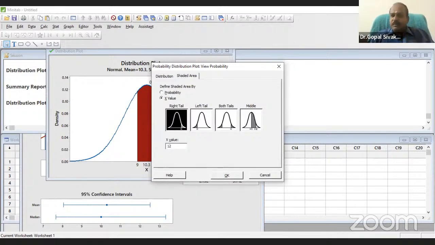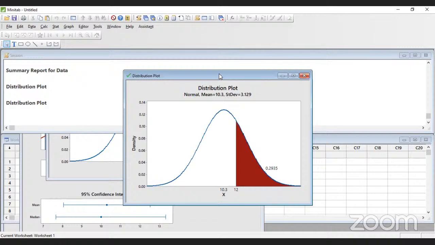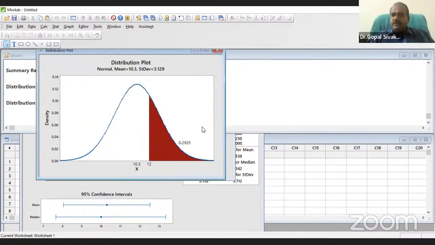What is the chance for my child to score above 12 in a 15-mark exam? Is the chance too high or too less? Less only, sir. Let us see how much it is. 29%. Your child has a 29% chance of scoring above 12 based on the past performance. Please understand, your prediction is based on the data you have in your hand. All of you understand? Yes, sir.